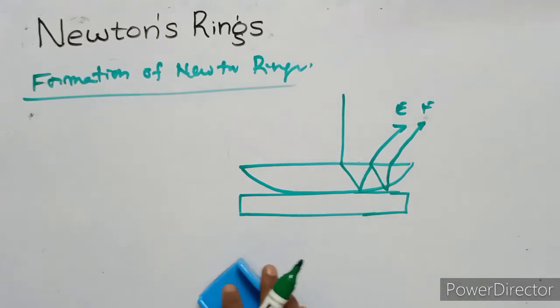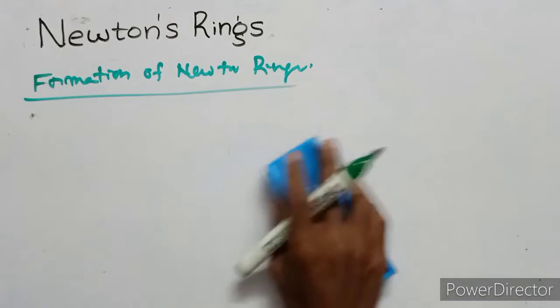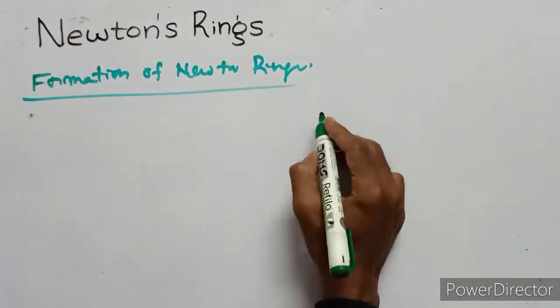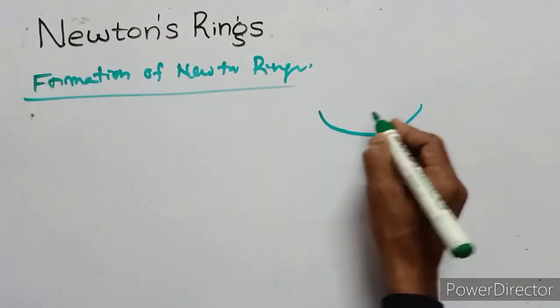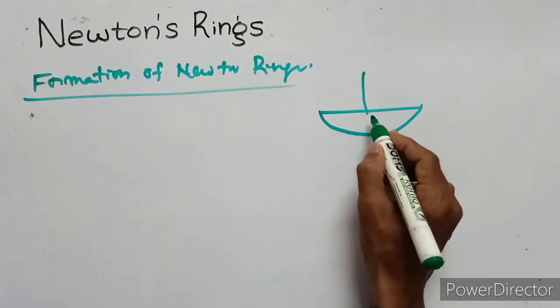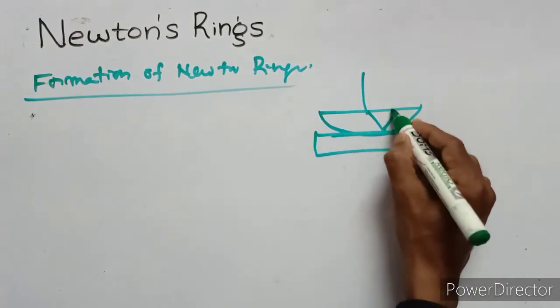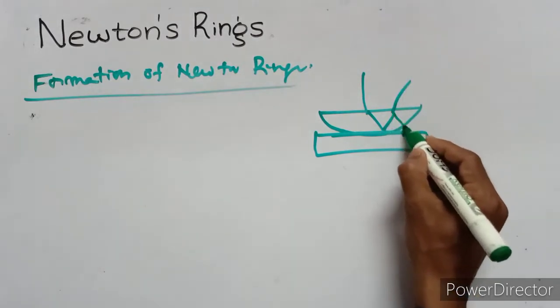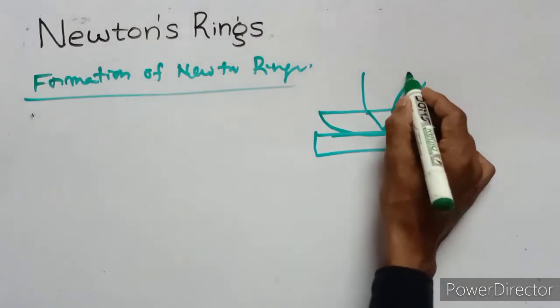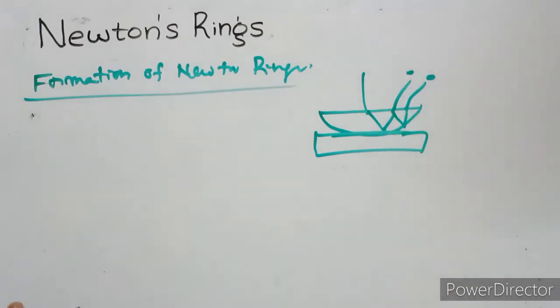Now we have to calculate the effective path difference of these two light rays.